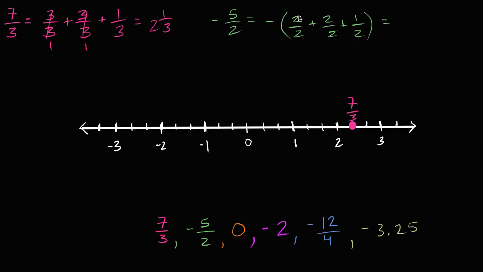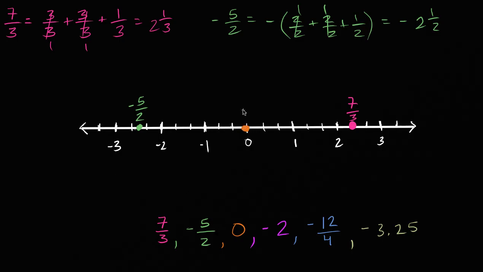So it's 1 plus 1, plus 1/2, 2 and a half. We have our negative out there, so it's -2 and 1/2. Let's see, -1, -2, and the -2 and a half is going to be halfway between -2 and -3. So it's going to be right over there. So that is -5/2.